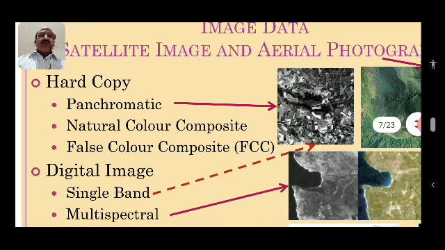Then the false color composite, because we cannot see beyond 0.7 micron, that means we cannot see infrared. So the infrared part is included in the imaging in the FCC. That is why it is called FCC, the false color composite, because we are able to see the thermal part, infrared part, in the map composition.